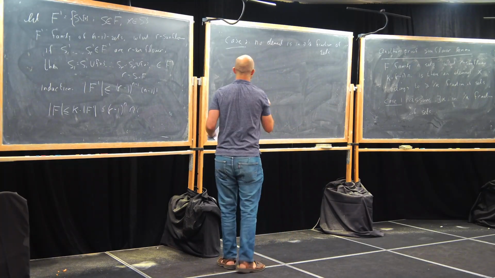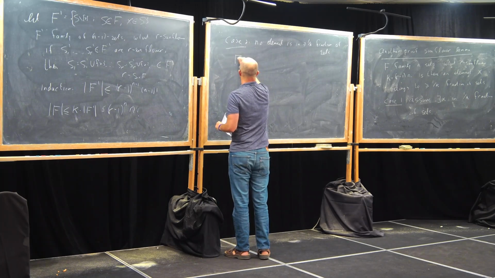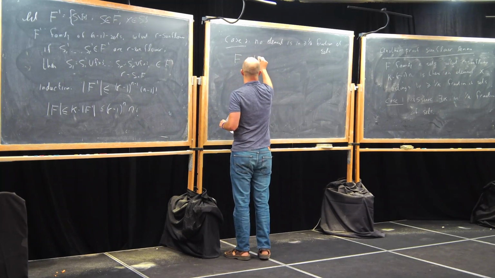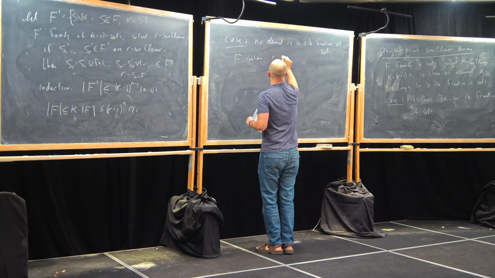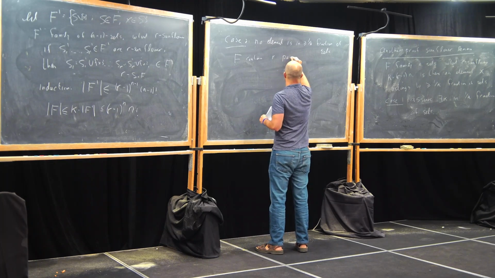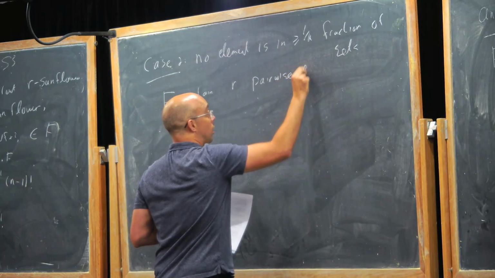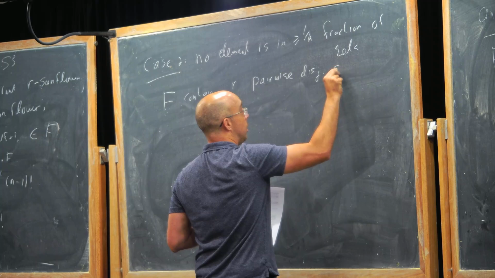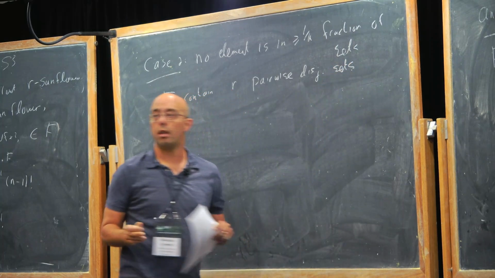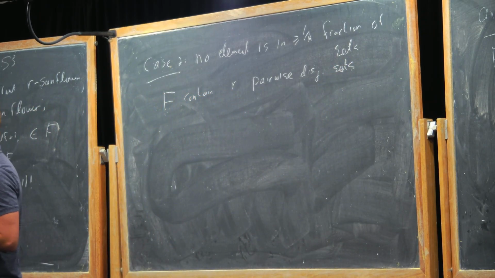Concretely, what we're going to prove here is that F contains R pairwise disjoint sets, which in particular form an R sunflower with an empty kernel.